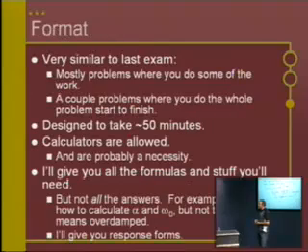Formats will be very similar to the last exam, where you do a couple of the problems just a little differently. So I might give you an AC circuit and ask you what the Thevenin resistance, or the Thevenin impedance, would be if you're going to do it as a Thevenin problem, or just ask you what is the time constant for the circuit as drawn.